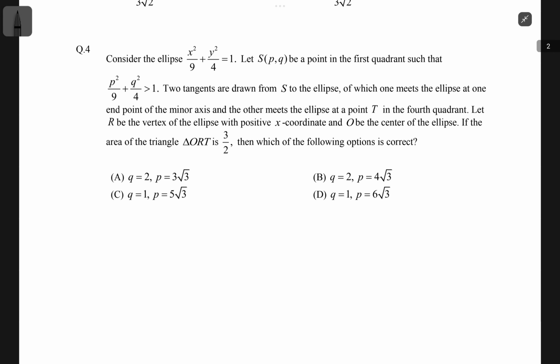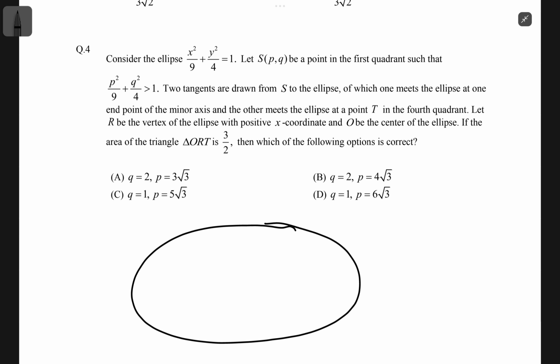Okay, so let's move on to a coordinate question. So this should be interesting. We have the ellipse x squared by 9 plus y squared by 4 is equal to 1. So making a graph of this, S, P, Q is in the first quadrant such that it is outside. So clearly we can say that S1 is greater than 0.